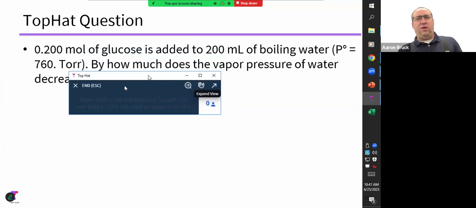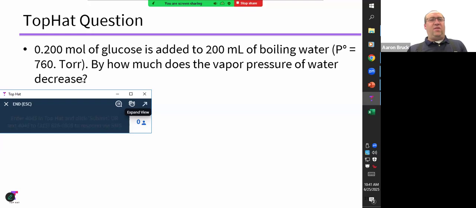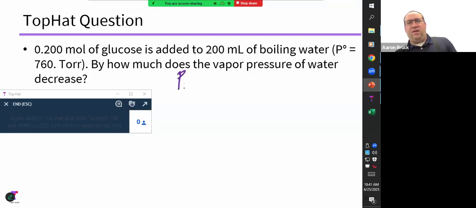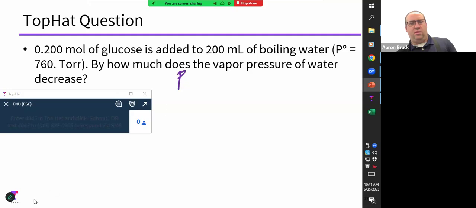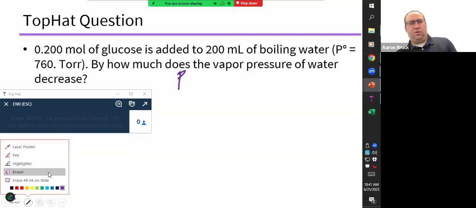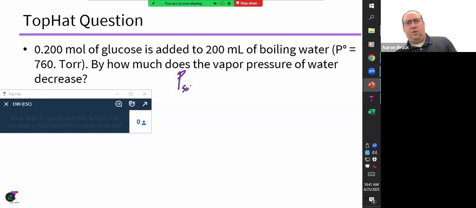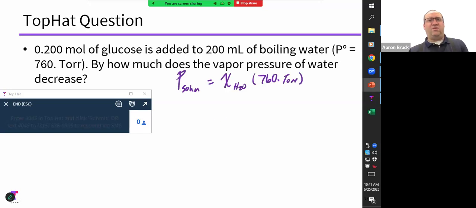So what we need to do then is we know how many moles of glucose there are. What we're trying to figure out is what is the pressure of this solution. So we need to know the mole fraction. Well, we know how many moles of glucose there are.